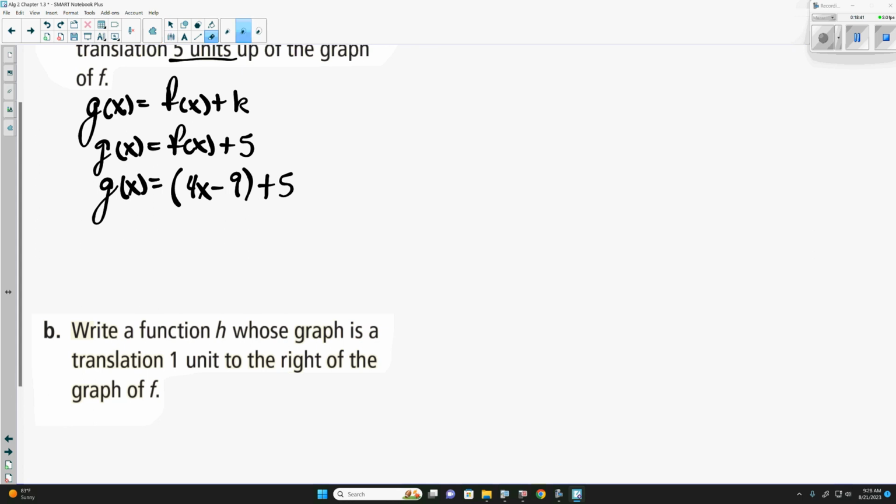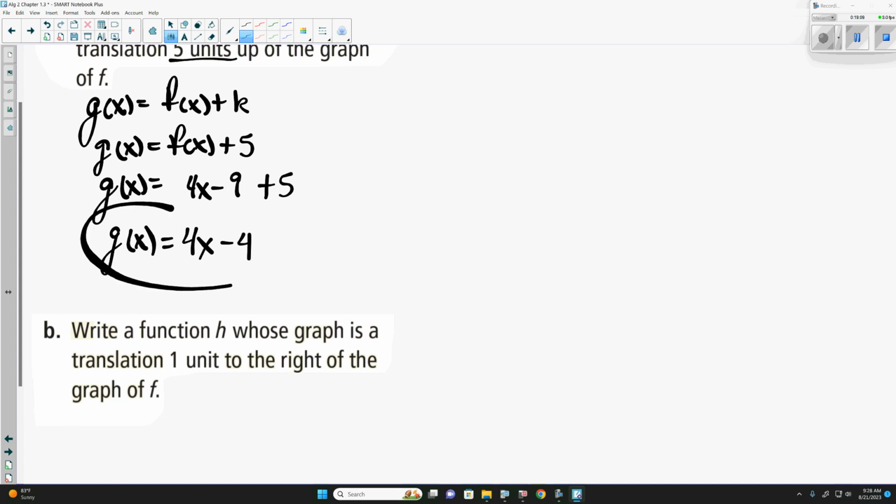No. If I want to be lazy, I can just erase the parentheses. So 4x stays the same. And what happens when we combine those like terms? We get negative 4, because negative 9 plus 5 is negative 4. And that is the final answer.